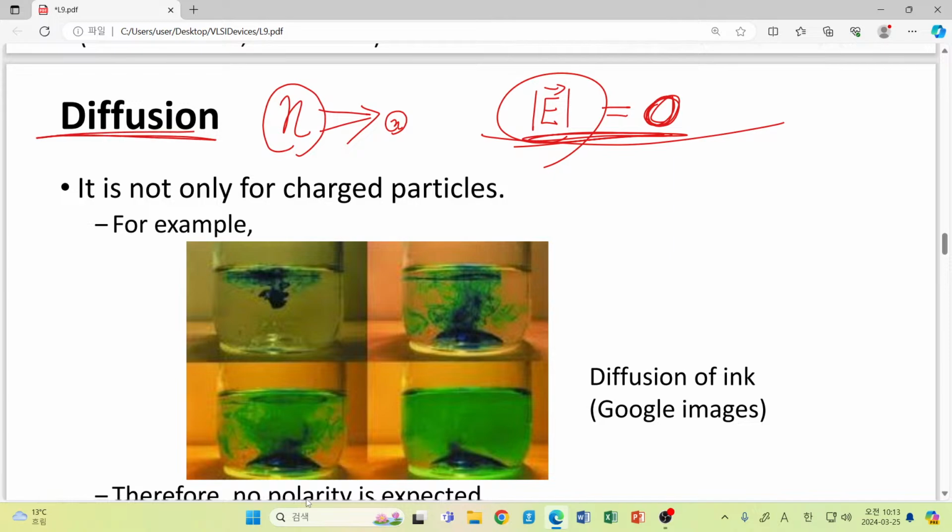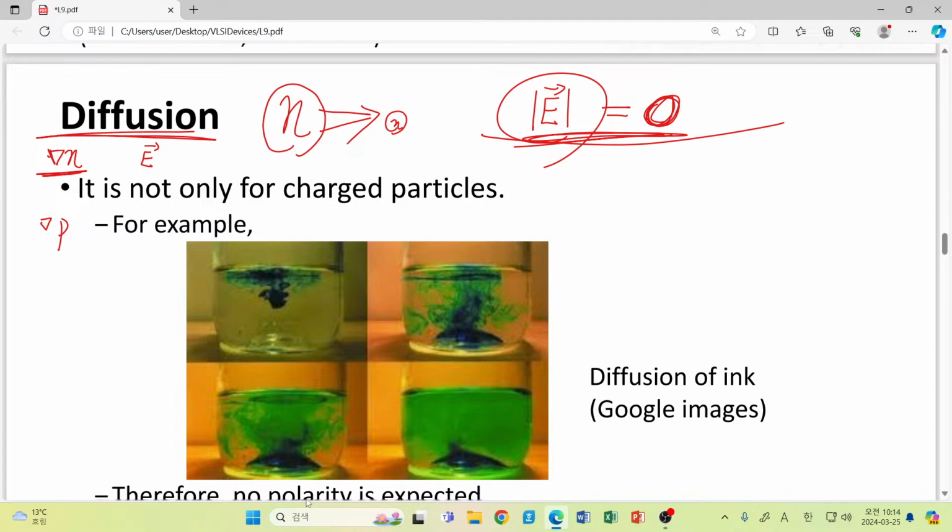The difference is, once again, drift is initiated by the electric field. However, diffusion is initiated not by the electric field, but by the gradient of electron density or hole density. If we have non-uniformity of electron density, then diffusion will occur. If we have non-uniformity of hole density, then diffusion will occur.